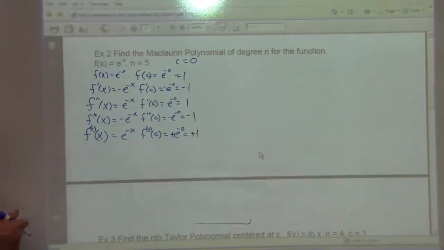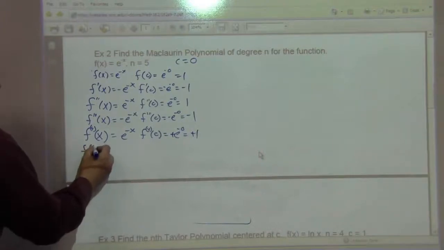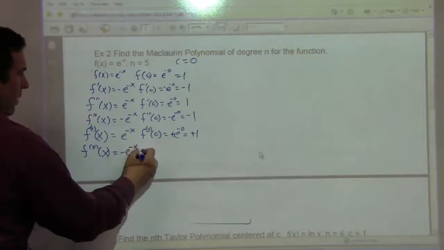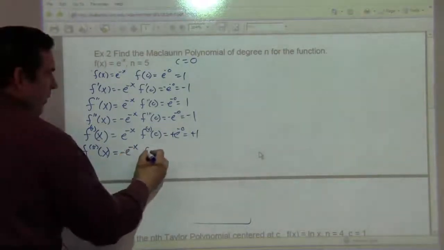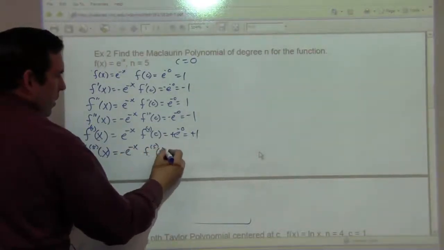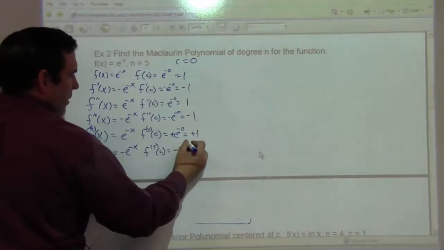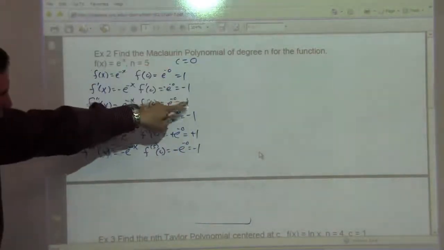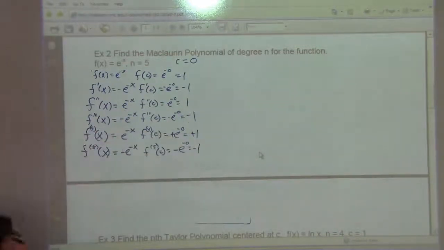Hope we see a pattern by now. The fifth derivative of f of x is going to be negative e to the negative x. So our fifth derivative at 0 is negative 1. So it alternates 1, negative 1, 1, negative 1, 1, negative 1.